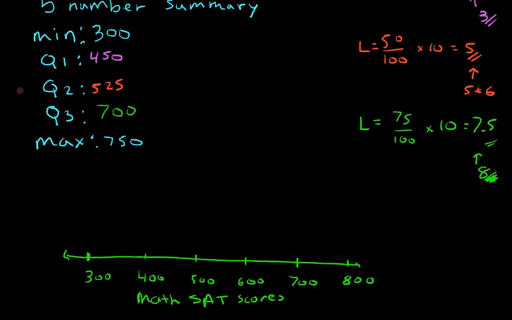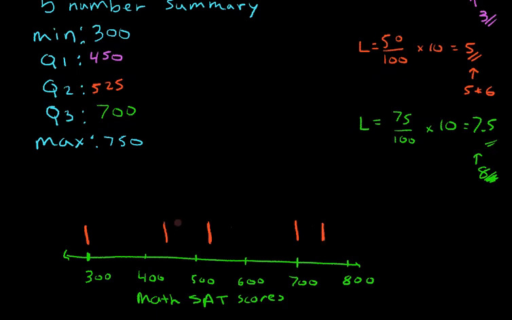All right, so now I'm ready to start drawing my box plot. The first thing I'm going to do is draw vertical lines for where each of these 5 numbers are. So here at 300, I'm going to have a vertical line. 450, I'll have another vertical line. 525, that's somewhere around right here, I'll have another vertical line. 700, I'll have a vertical line. 750, I'll have another vertical line.